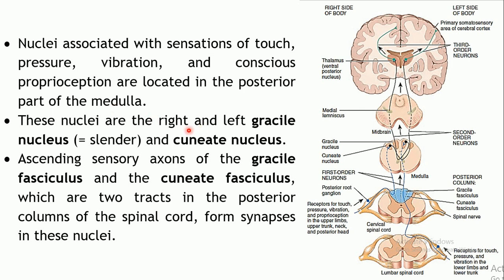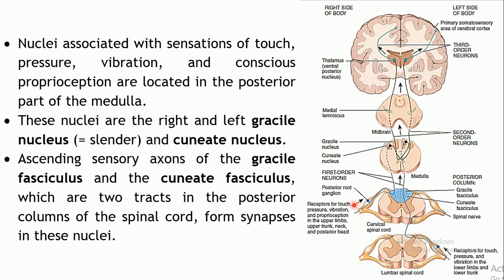These nuclei include the right and the left gracile nucleus. Gracile means slender, and another one is the cuneate nucleus. These are the ones. That's the gracile nucleus, the two on either side, and that one is the cuneate nucleus. So there are cuneate nuclei on either side.